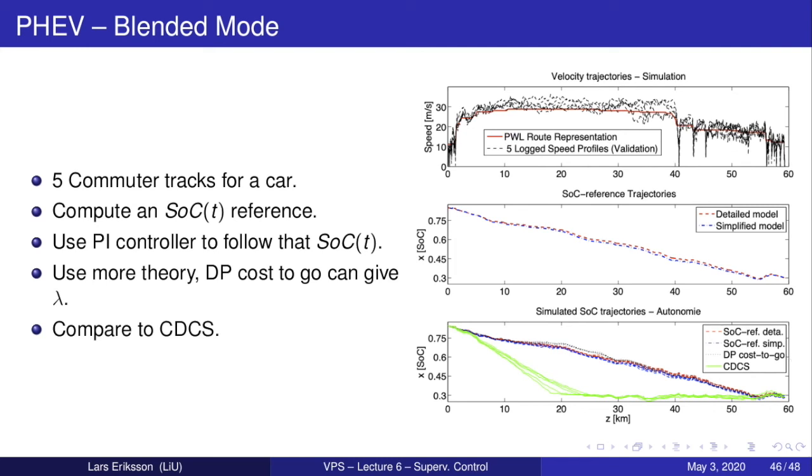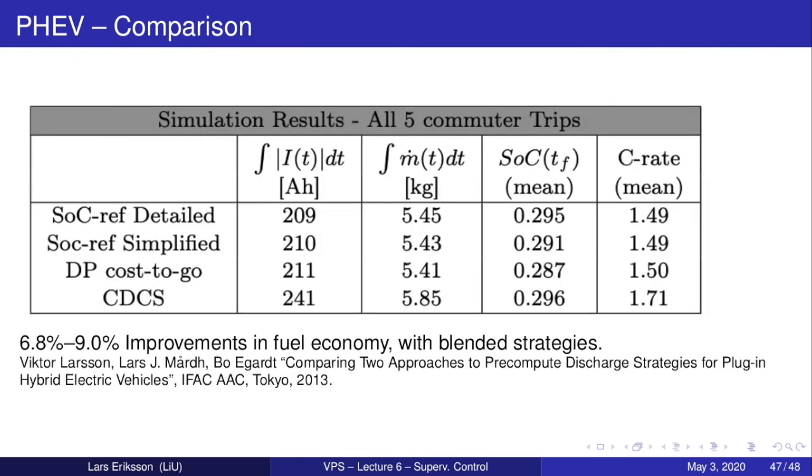You can get your co-state lambda from the cost to go calculation that you have done if you utilize dynamic programming to solve this problem. 5 different runs here have been run with the different control strategies, and the fuel consumption has been compared. This was done by Victor Larsson, Lars Johannesson Mård, and Bo Egart, where Victor Larsson is usually guest lecturer for this course, but I don't know what will happen this year with this COVID situation.